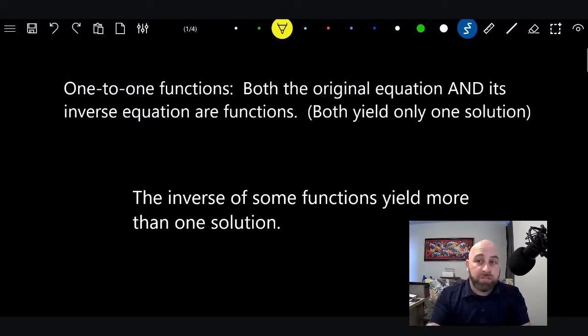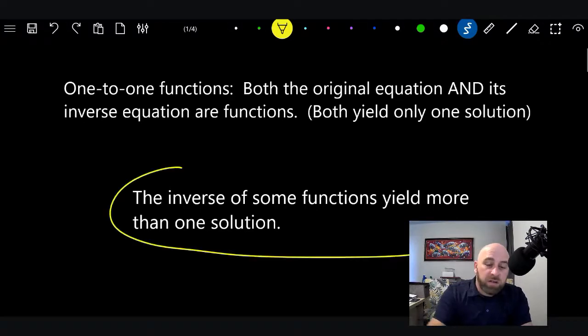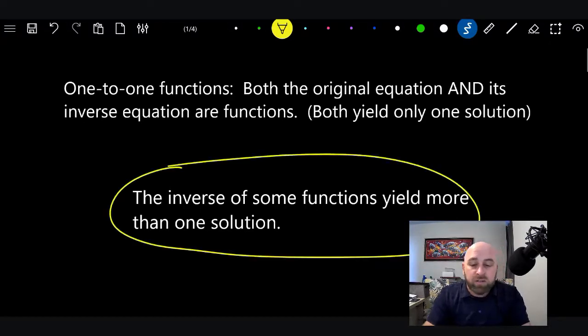Could you have a function that doesn't have an inverse function? Yes. You can have a function that is not one-to-one. You can still find its inverse, but the inverse would not be a function. I'll show you that here in a little bit. Look down here, I got this written. It says the inverse of some functions yield more than one solution.